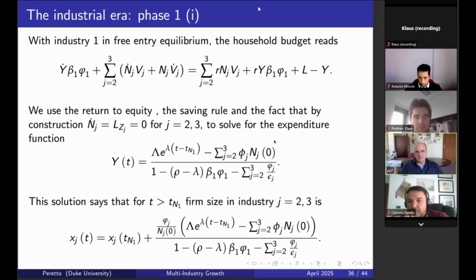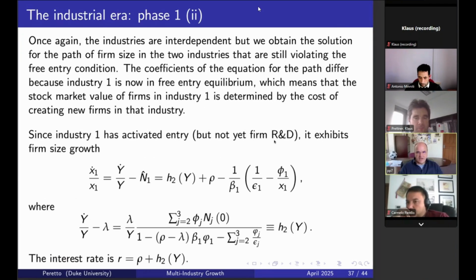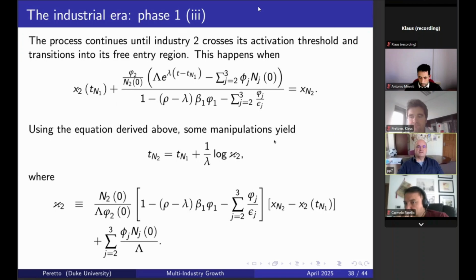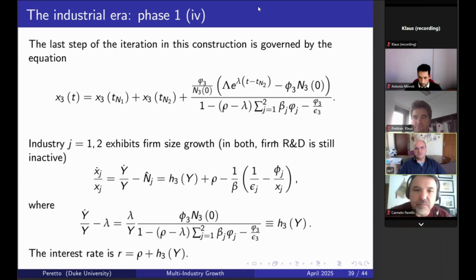So you keep going, and then eventually you get the activation in industry 2, and again you have your equations describing the state variables as a function of time. Then you get to activation in industry 3. Same structure, the mathematical structure remains always the same.